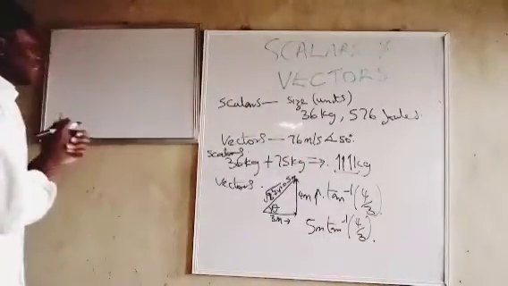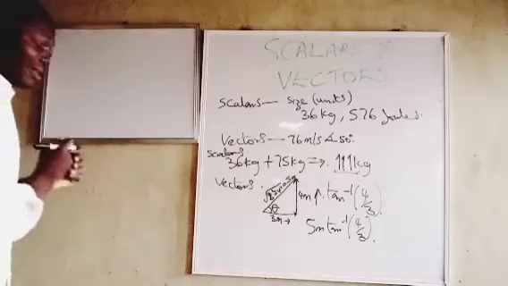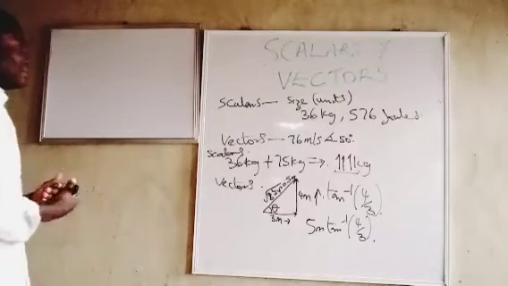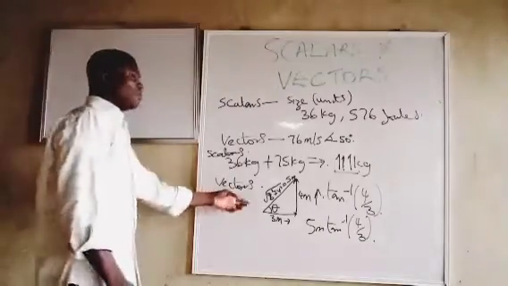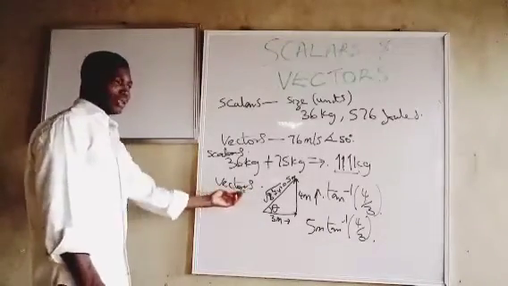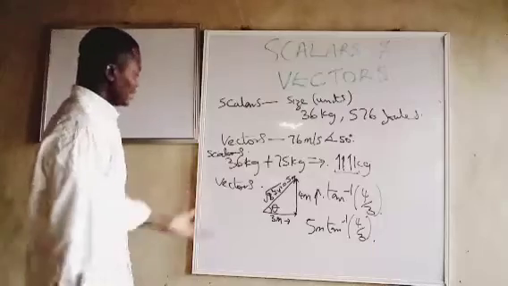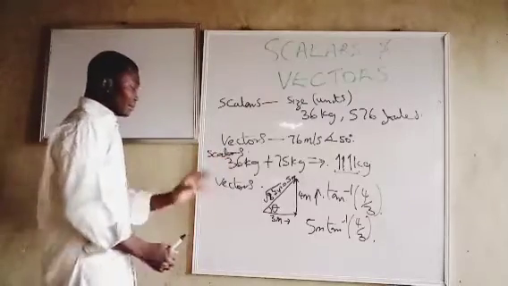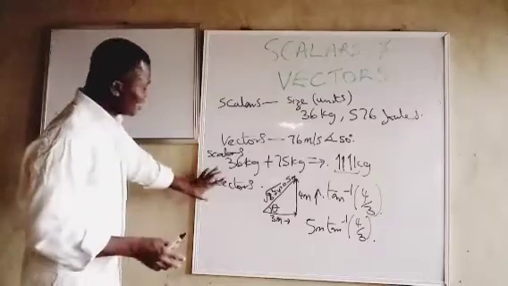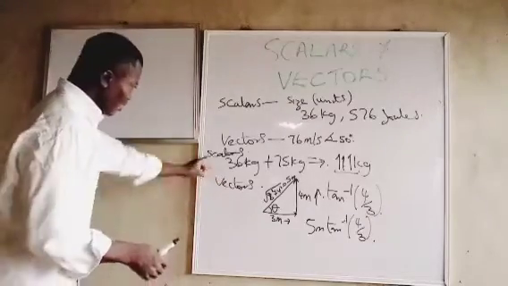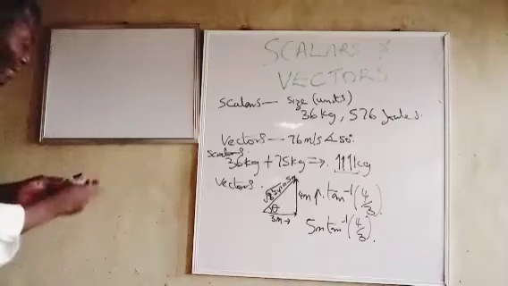So that is the major difference between scalars and vectors. Most of the time in our sciences, especially physics, mechanics, and any other thing like that, we use vector quantities. Only in a few cases do we use scalars. That is what makes it very important to study this topic of vectors and scalars.